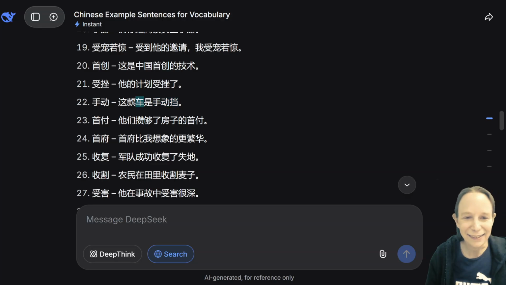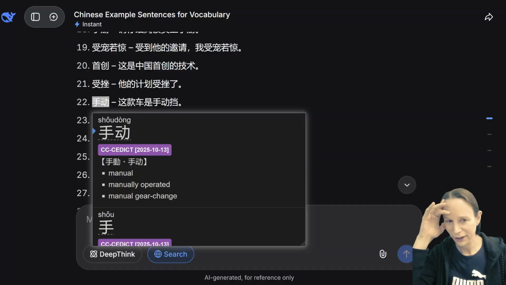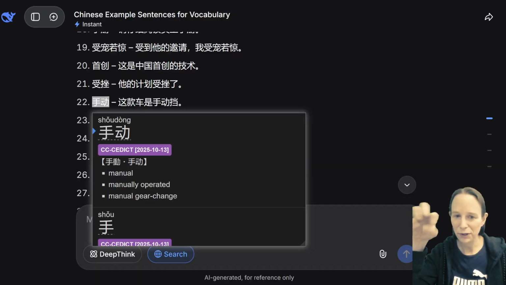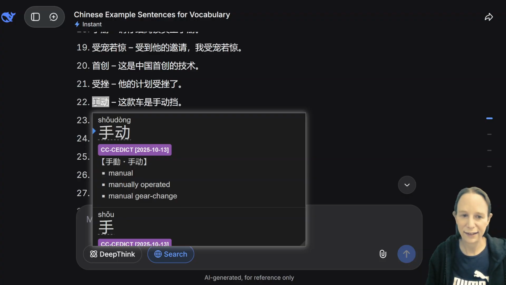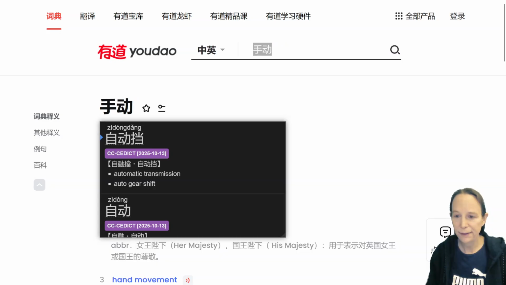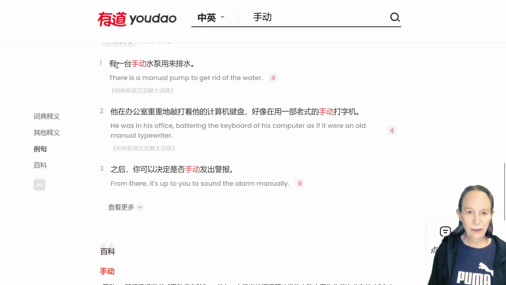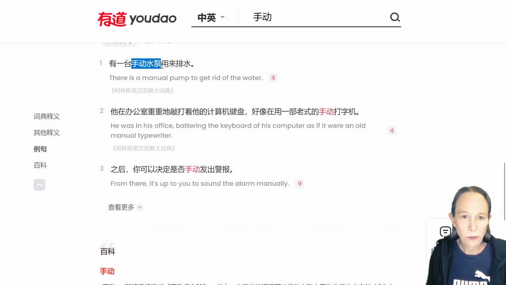All right. Okay, 手动. So 手动 is manual in the sense of it requires manual operation or something like this. It literally is hand motion, but the motion here refers to operated. What other things can be manually operated? Yeah, it's not in the dictionary. 手动. 有一台手动水泵，用来排水.